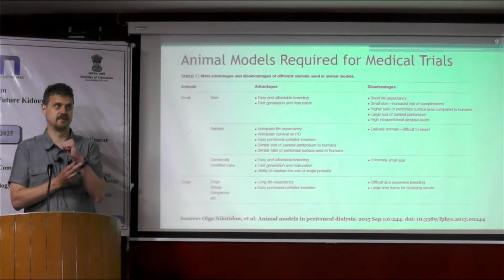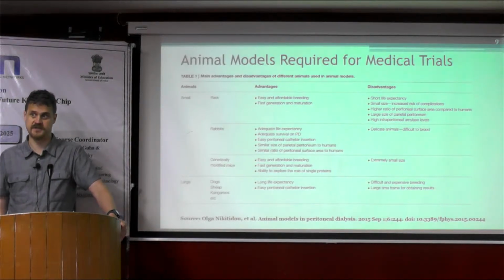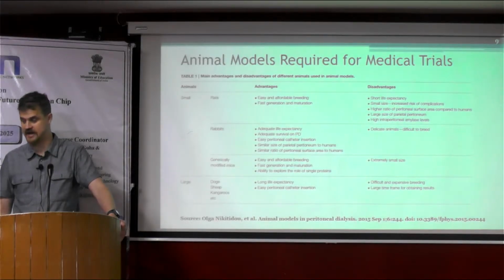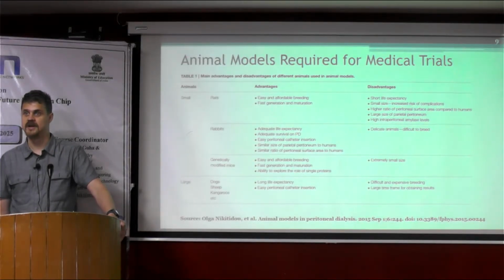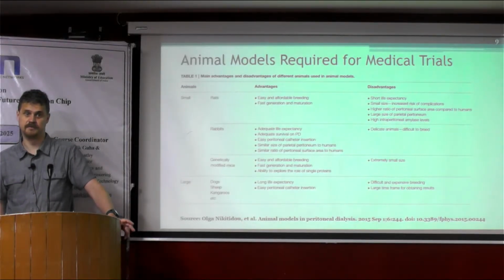Well, just a small retrospective of my work when I was working with wearable artificial kidneys. Since we developed the wearable artificial kidney for peritoneal dialysis, we had to choose an animal whose peritoneal cavity in the anatomic sense would be closer to the peritoneal cavity of a human patient.